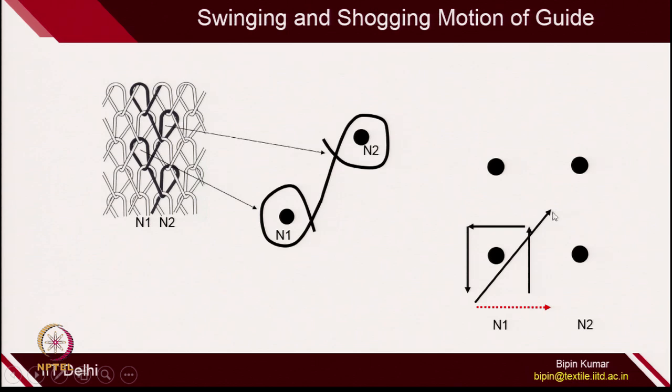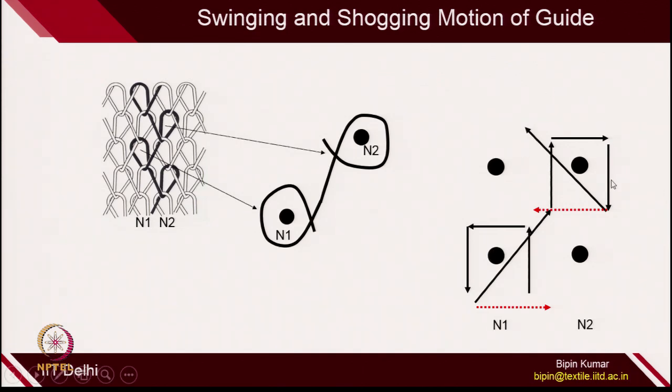Now, the guide bar is starting from this position, it will be providing yarn to this particular needle. So, again it provided yarn to this particular needle. So, overlap on the front side, underlap on the back side. Do not get confused with the diagonal line, the guide bar is not actually moving in the diagonal direction.